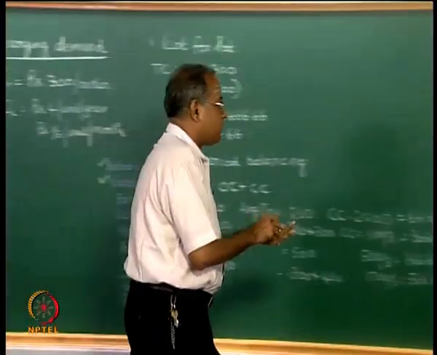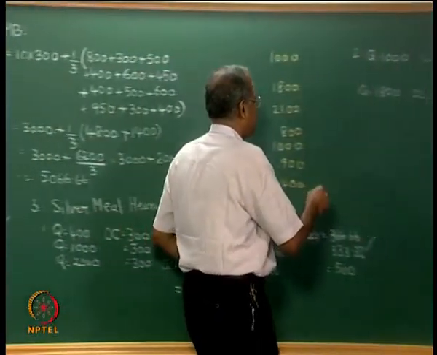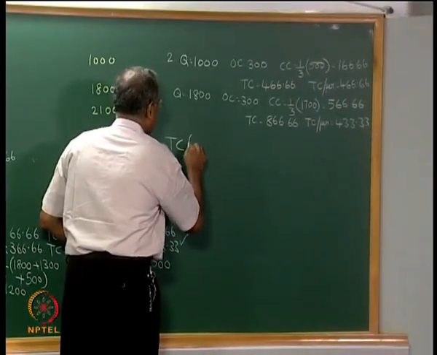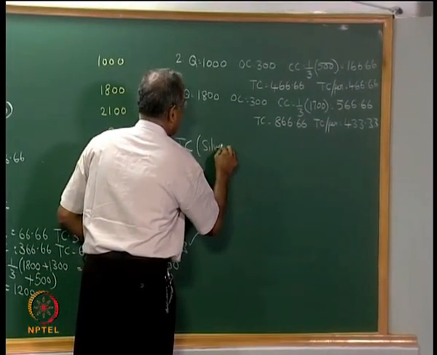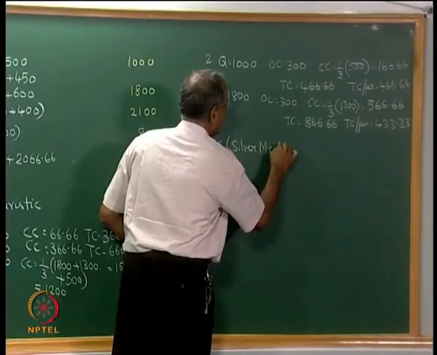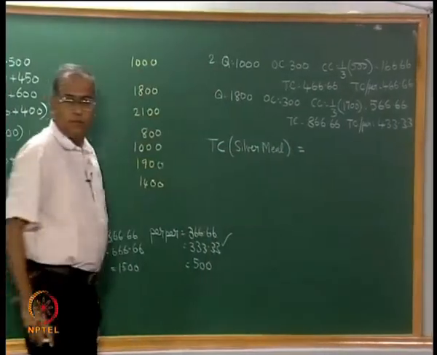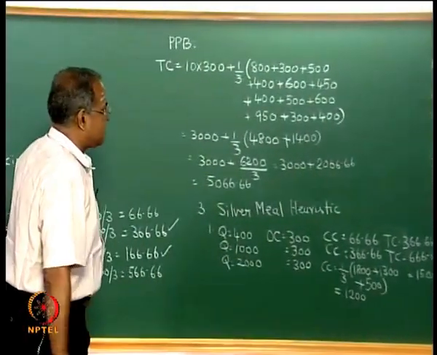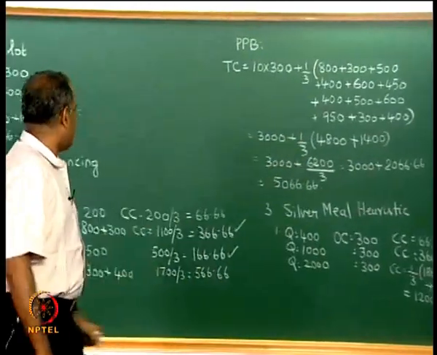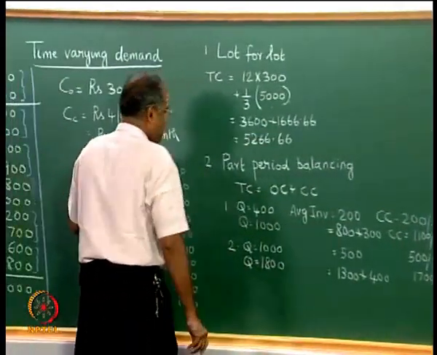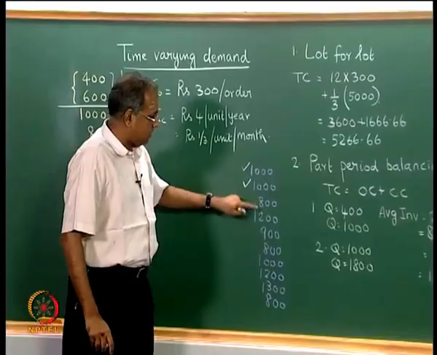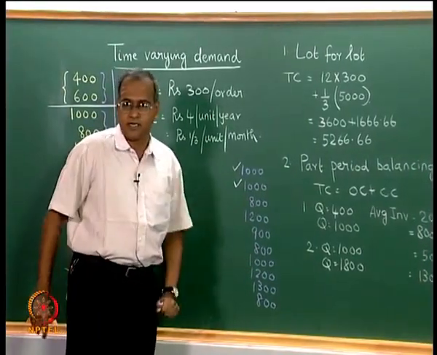So let us try and do the total cost for Silver Meal. Silver Meal is giving us 7 orders, as against part period balancing, which had 1, 2, 3, 4, 5, 6, 7, 8, 9, 10 orders.